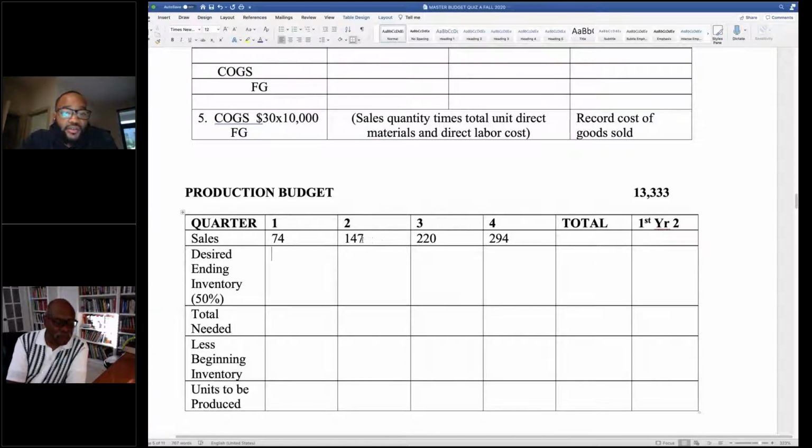You want 50% of quarter two produced in quarter one. You don't run a company producing it when you sell it; you're going to have some already available. So we bring down the sales and look at quarter two, where we want 50%. So how much is 50% of 147?